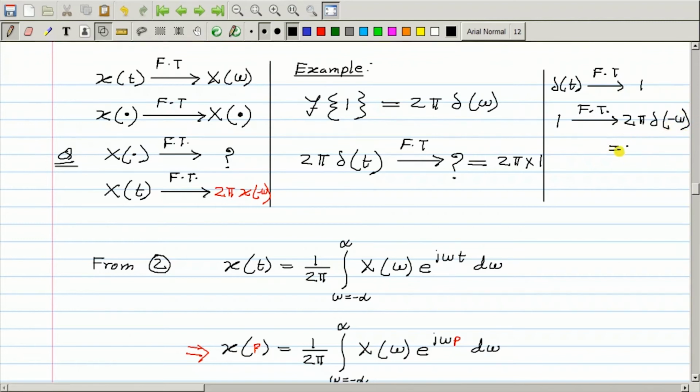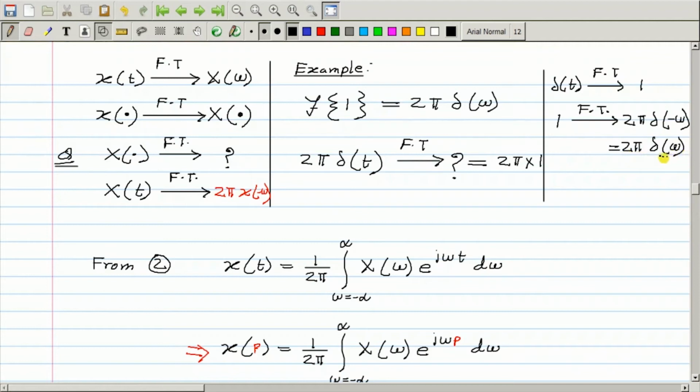However, delta is an even function, therefore delta minus omega is same as delta omega. So according to this formula, Fourier transform of 1 should be 2 pi delta omega.